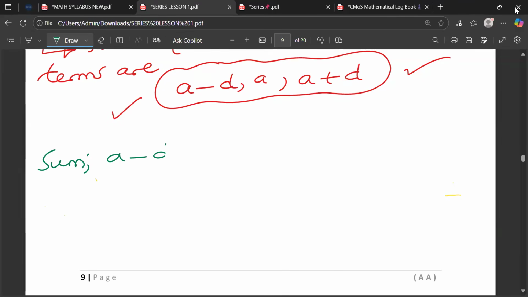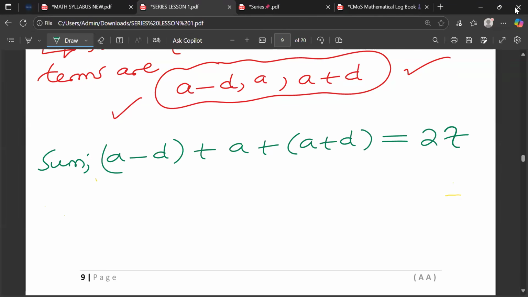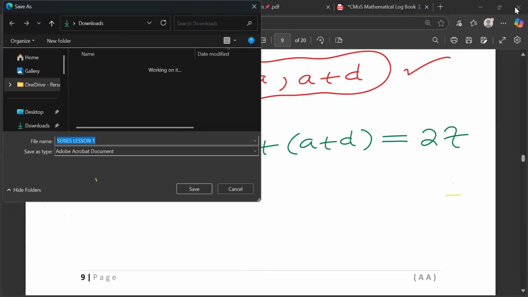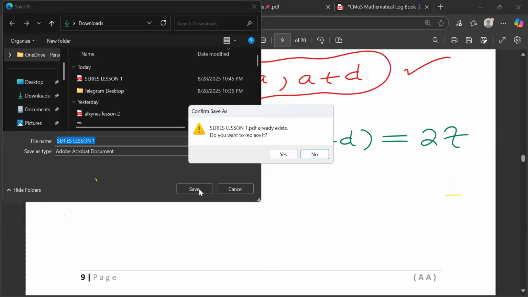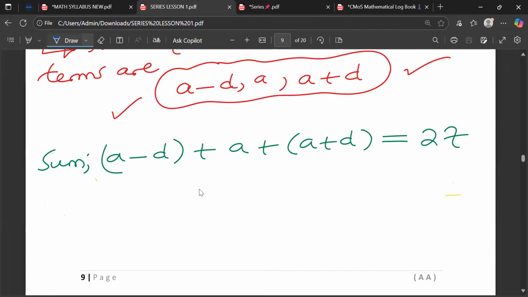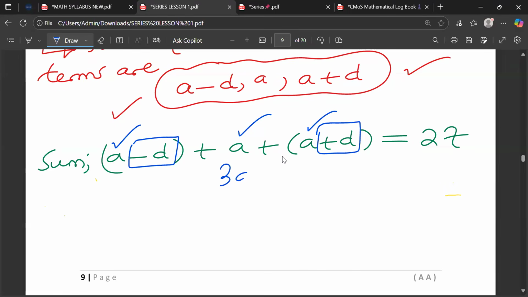So we agreed you're supposed to first put these things in brackets, then open the brackets. You realize this one is obvious: negative d and positive d will cancel. So you remain with a, 2a, 3a equal to 27. A is 9.